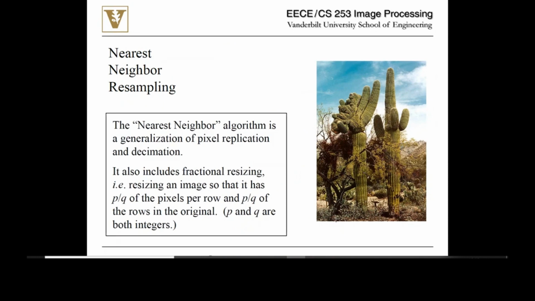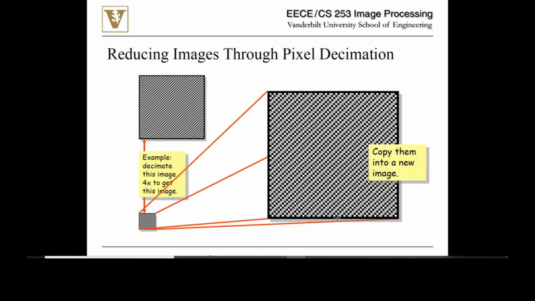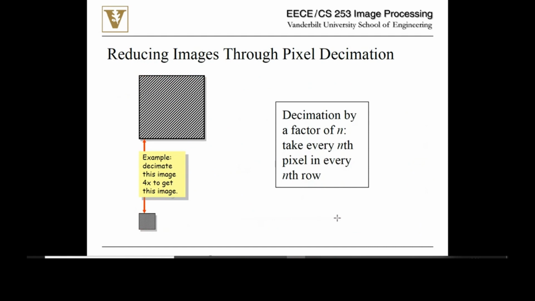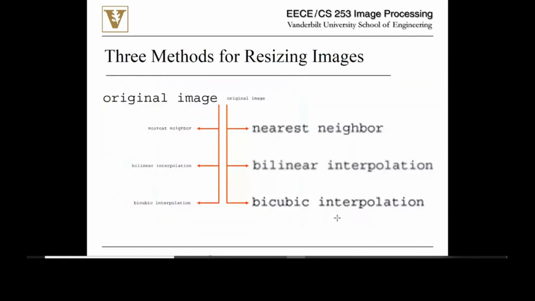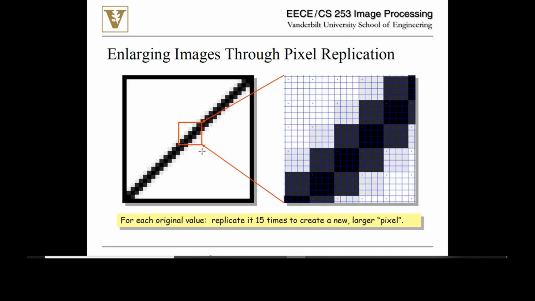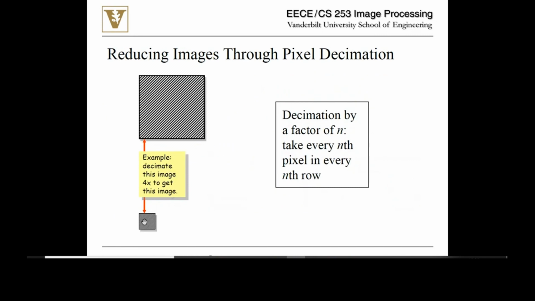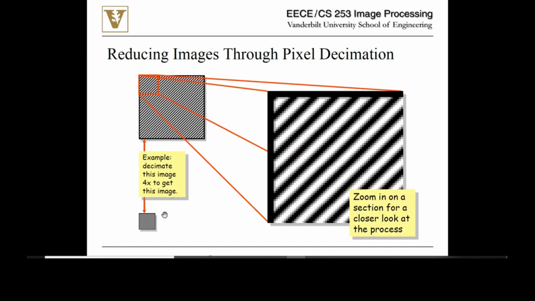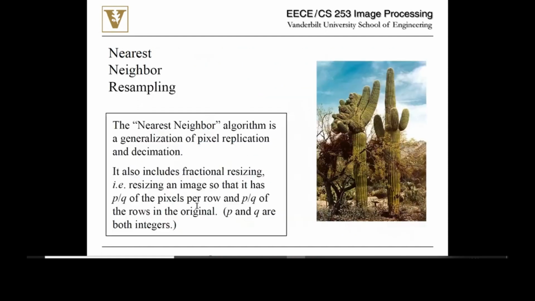But for doing that, we will exploit these two operators. The two operators are making it bigger by an integer factor, going from small to large, and also going from large to small by an integer factor. And if you want to go 3/7, what you have to do is make it larger by a factor p and smaller by a factor q. We will do that later.